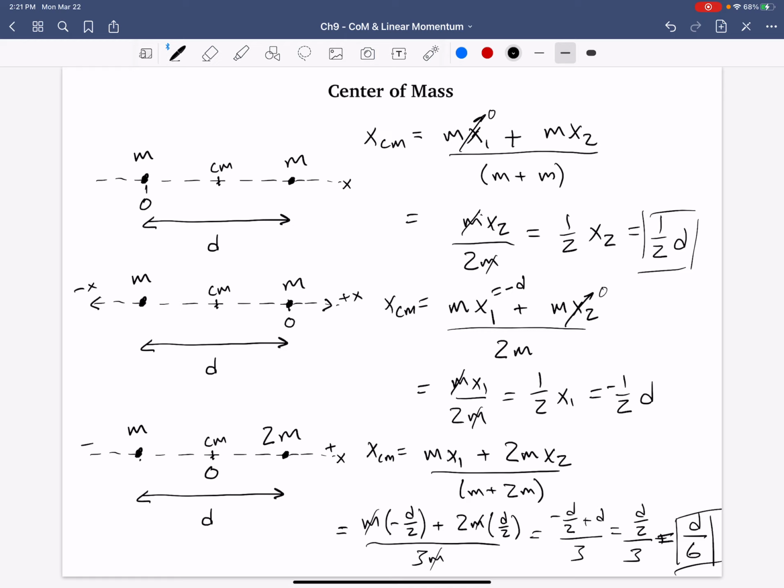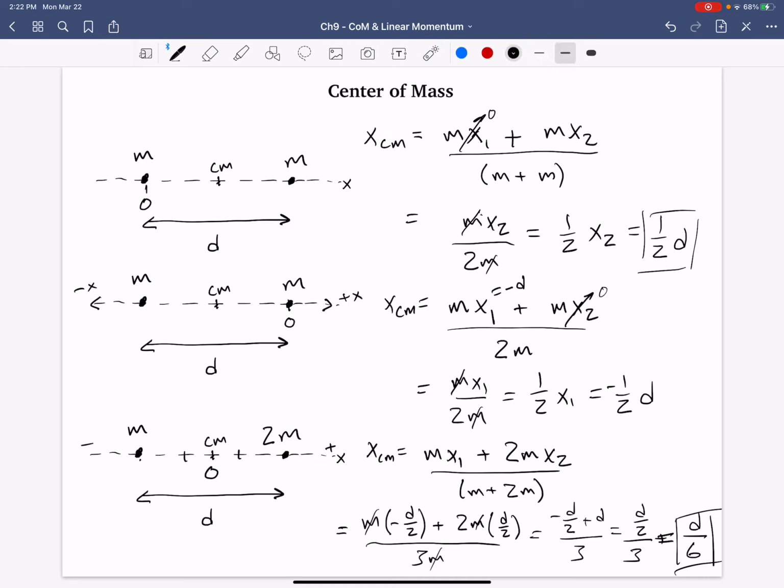And so this should make sense, because if we're thinking of this as an average, well, the sum of masses, we have 3m, splitting that up into 3 sections, right? Meaning we have 1 section, 2 sections, 3 sections, into thirds, in other words.